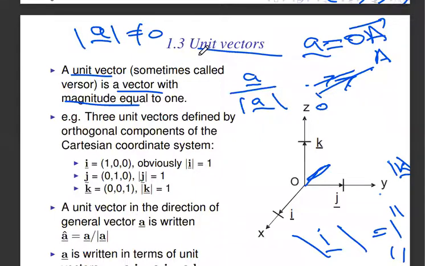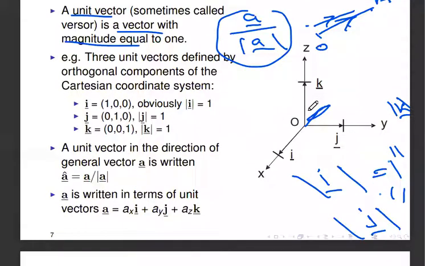And unit vector is a vector with magnitude equal to 1. So if you are given any vector, you can find a unit vector along that vector, right? So if you talk about coordinate systems, then you have to talk about unit vectors along axes x, y or z.